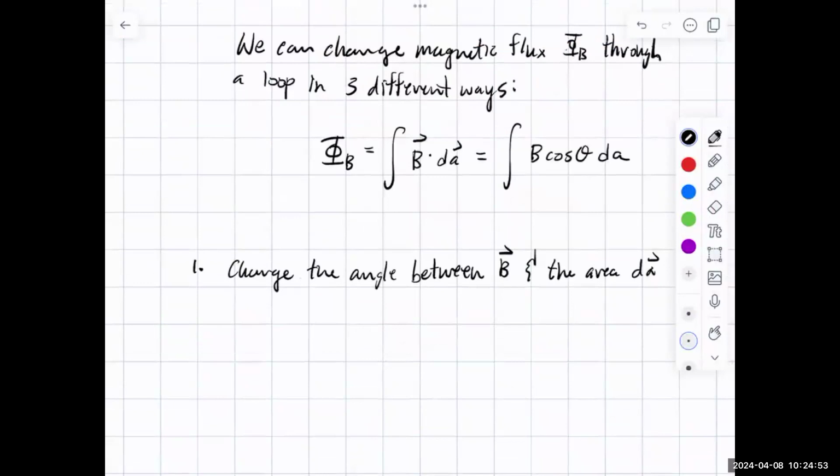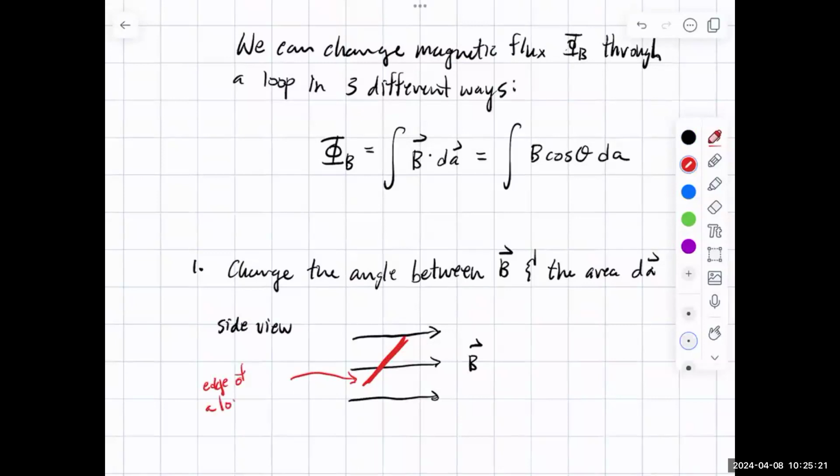I could draw a picture of that. Let's imagine that we had some magnetic field pointing off to the right here, and then I have some surface. This is like a side view, and this red thing is the edge of a loop, like a coil of wire. We're just looking from the side.